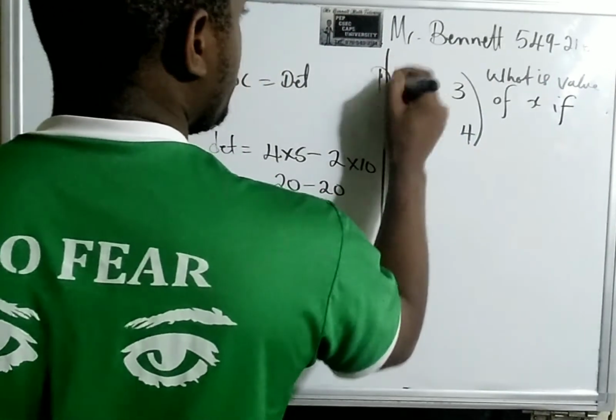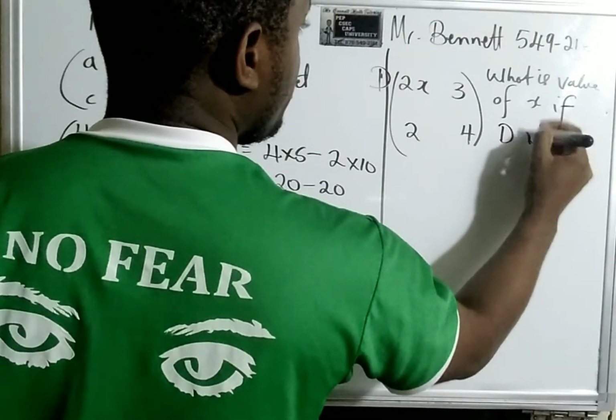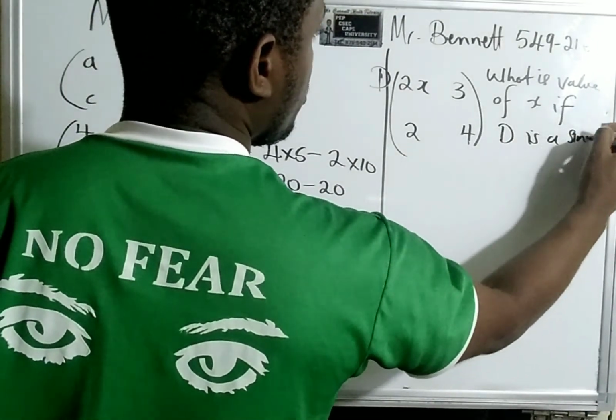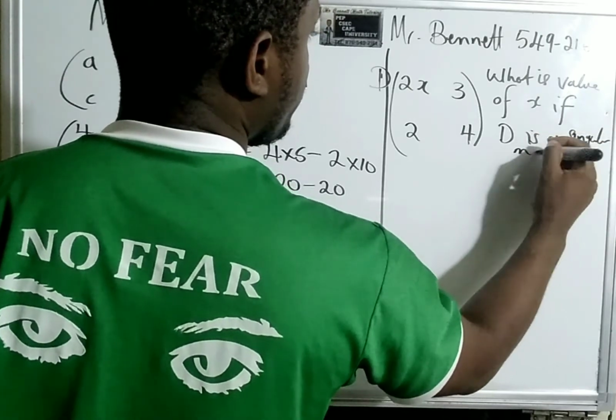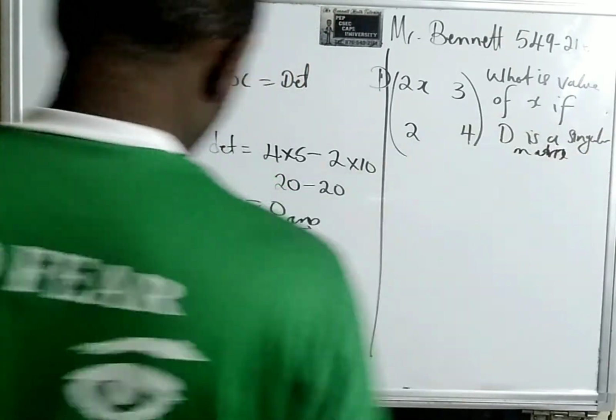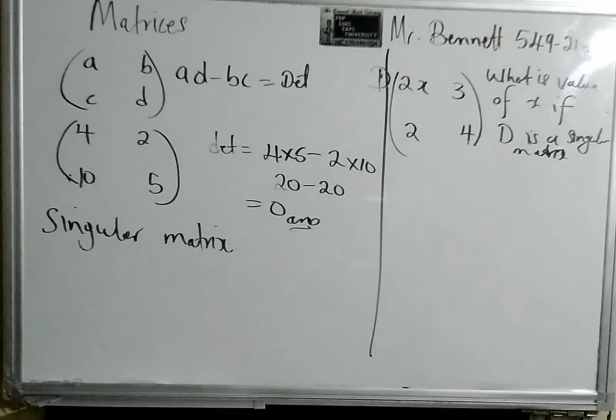If, let's call this D, if D is a singular matrix. So we need to find the value of x to make D a singular matrix. That means the determinant is equal to 0.